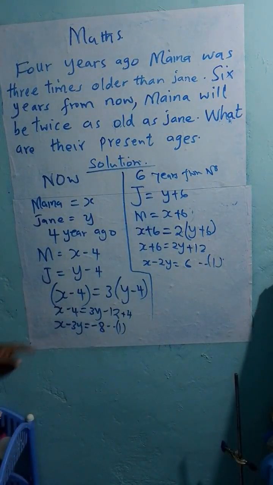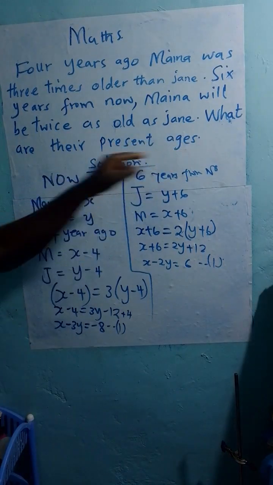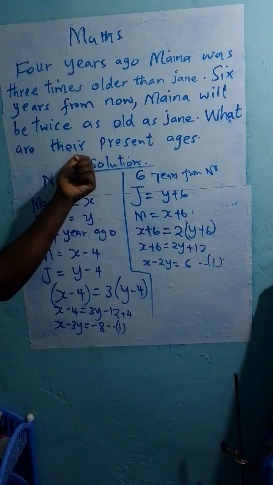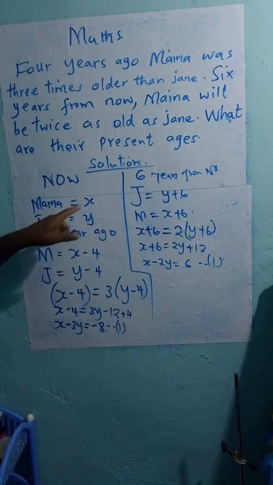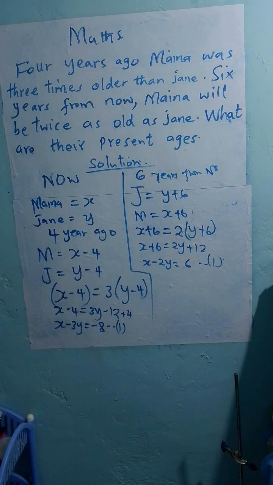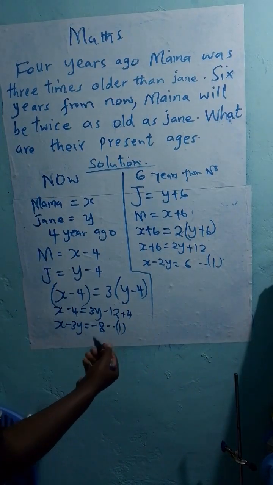Now we need to solve these two equations to get the values of x and y, that is their present ages, because presently they have x and y. So we solve for x and y. We can either use substitution or elimination, whichever works for you. So let's use substitution.